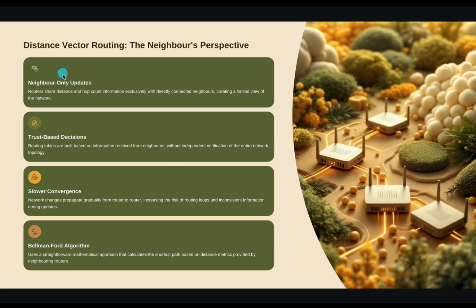Distance vector routing, the neighbor's perspective. Routers share distance and hop count information exclusively with directly connected neighbors, creating a limited view of the network. Trust based decisions. Routing tables are built based on the information received from neighbors without independent verification of the entire network topology.